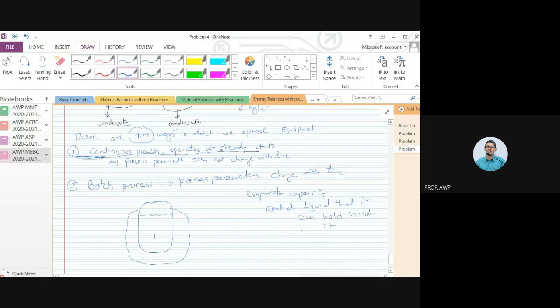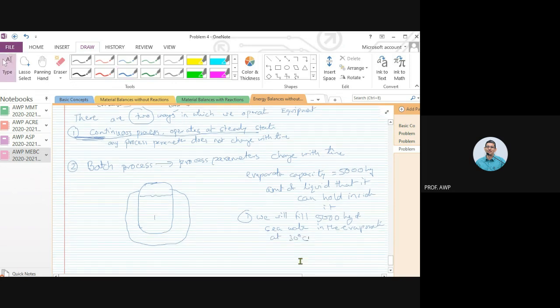Suppose the evaporator capacity is 5,000 kilograms. That means, one, we will fill 5,000 kgs of seawater in the evaporator at 30 degrees centigrade.